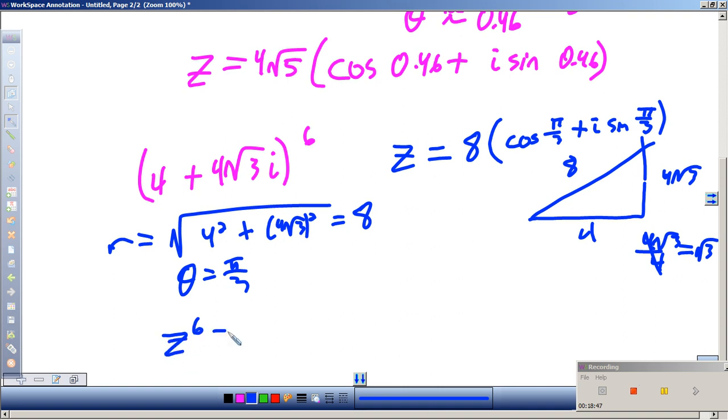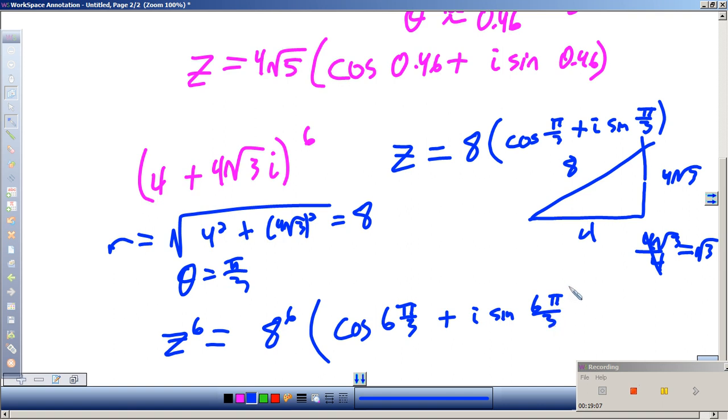So z to the 6 is equal to 8 to the 6 times cosine of 6 times pi thirds plus i sine of 6 pi thirds. Does everybody follow where we got that?